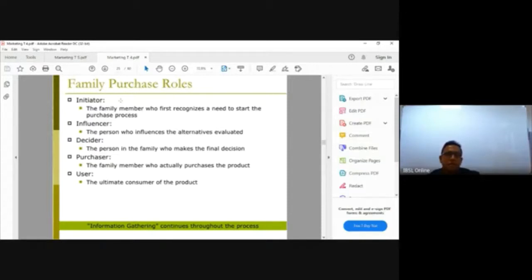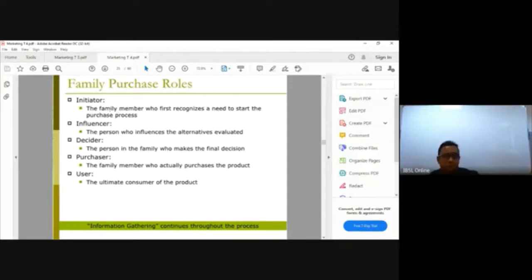In the family buying situation, there are initiators, the family member who first recognizes a need to start the purchase process. A family member, maybe a young child at home, might say, we can't be going to school by bus or three-wheeler.